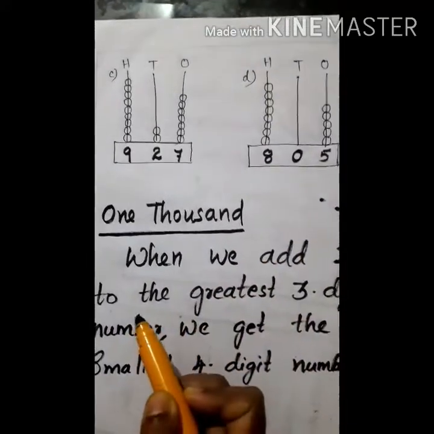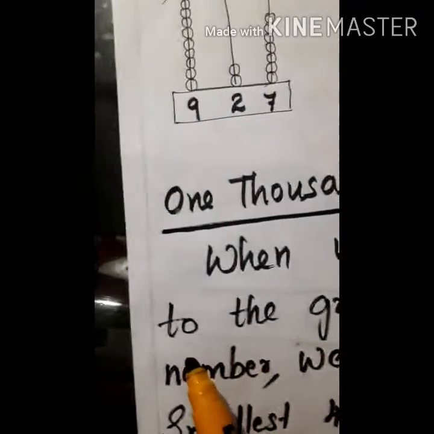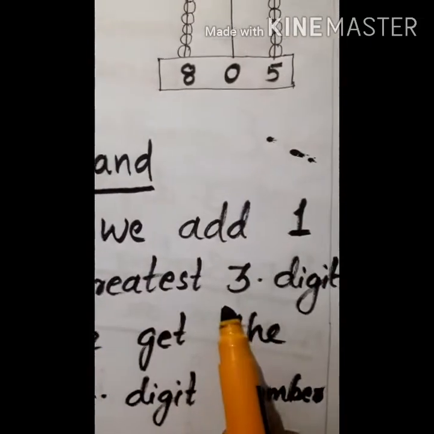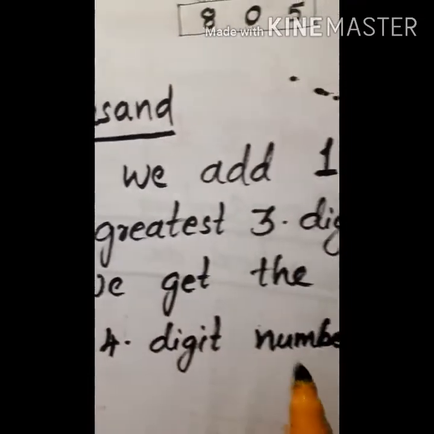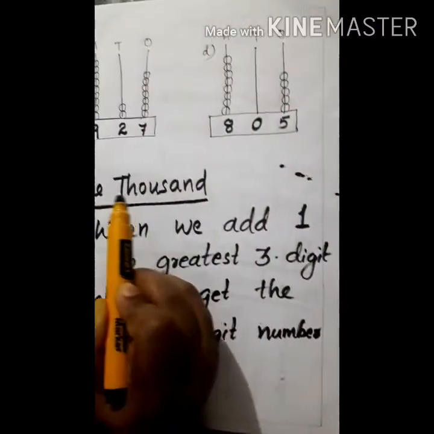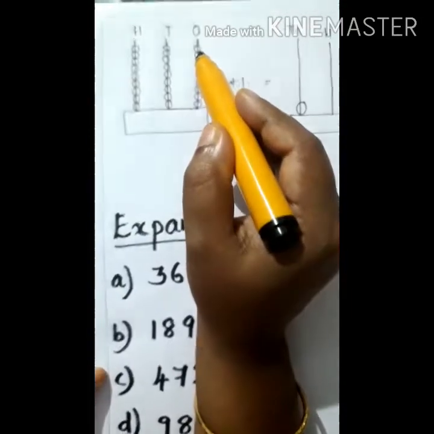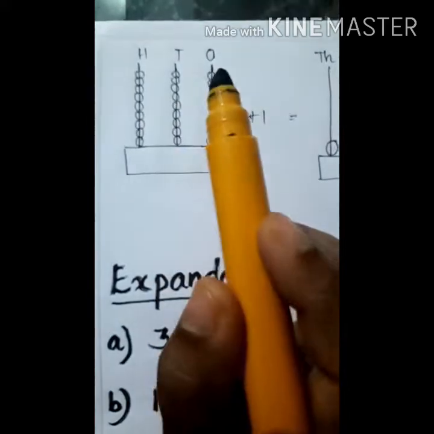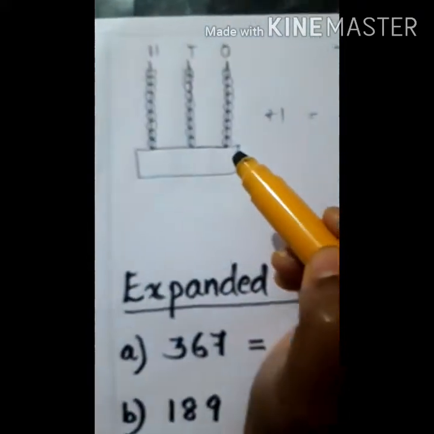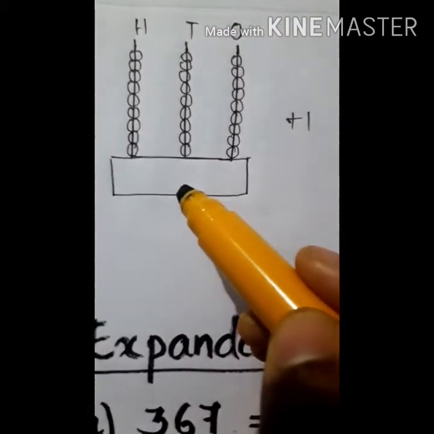Okay, so listen here. When we add 1 to the greatest 3-digit number, we get the smallest 4-digit number, that is 1000. So we want to represent the greatest 3-digit number on the abacus. As you already know, the greatest 3-digit number is 999.